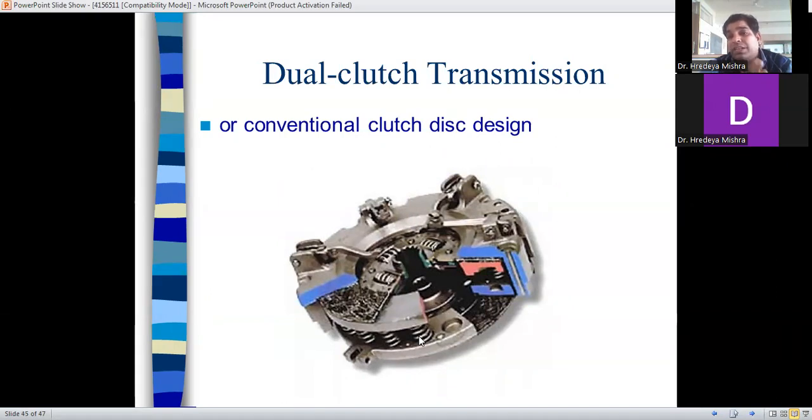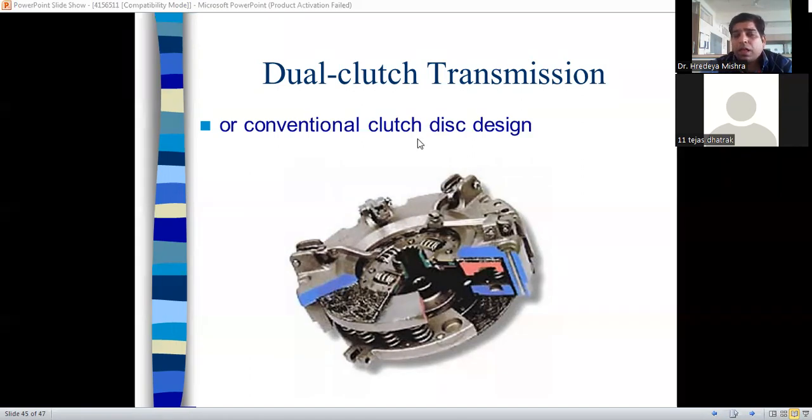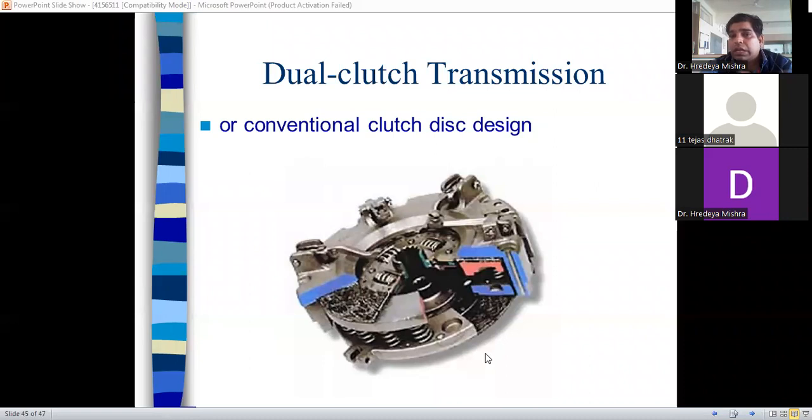So the working is, the spring is expanded, then engagement, and when it's compressed, then it means the disengagement is there.